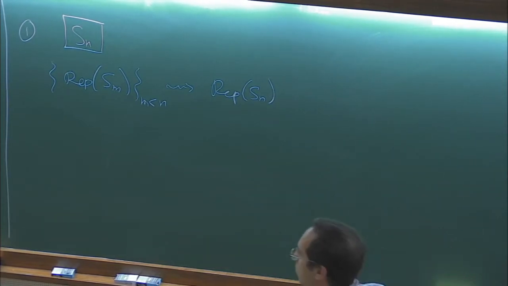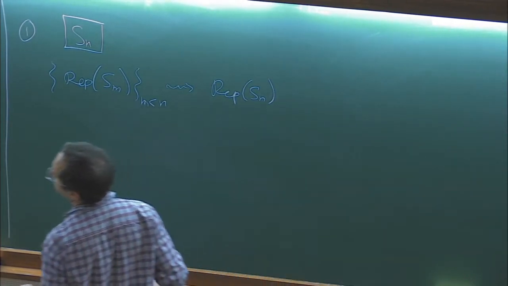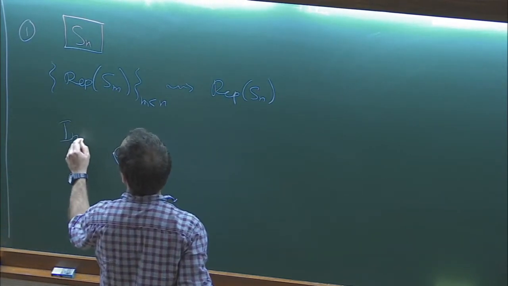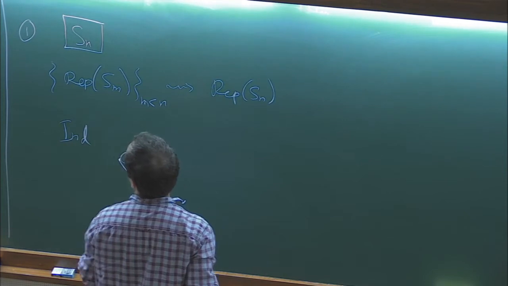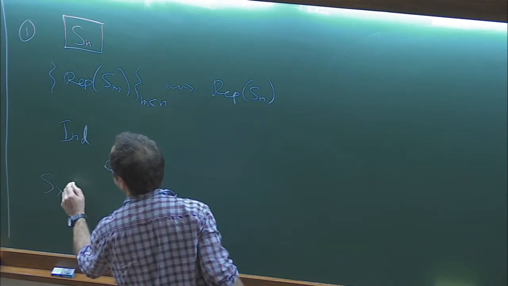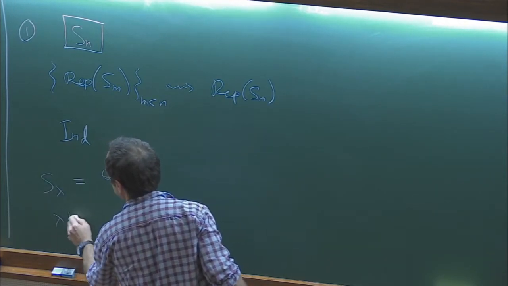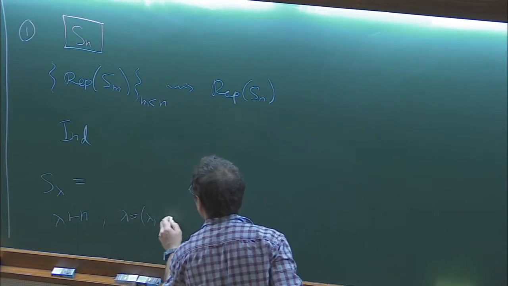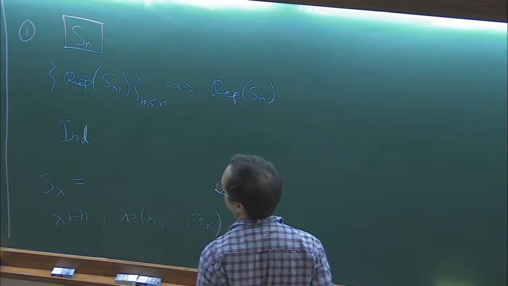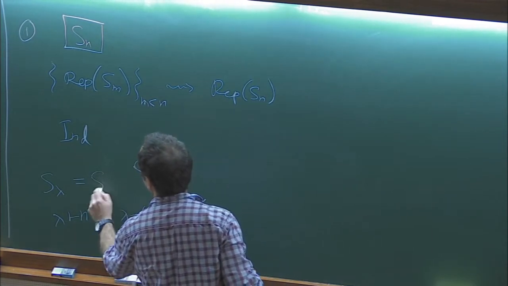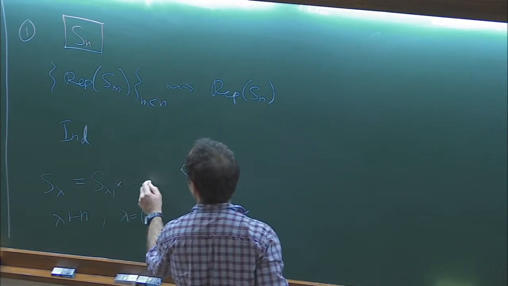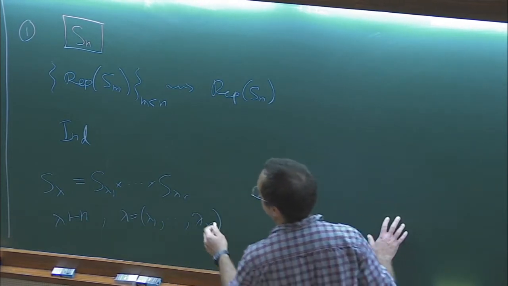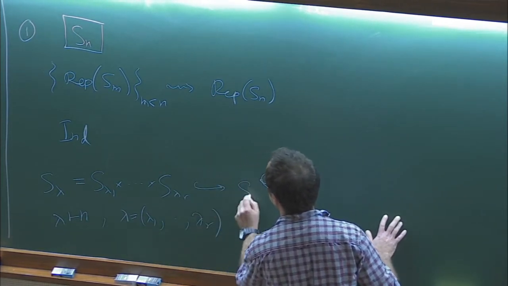What we can do is use induction from subgroups of the form S lambda. So suppose lambda is a partition of n, lambda = (lambda 1, ..., lambda r). And S lambda will be S lambda 1 cross ... cross S lambda r. So we can embed this subgroup inside Sn.